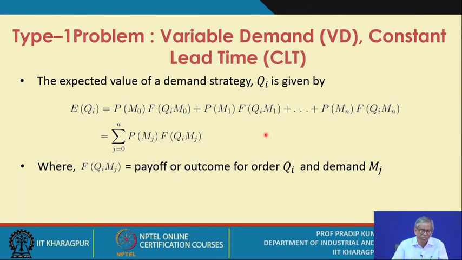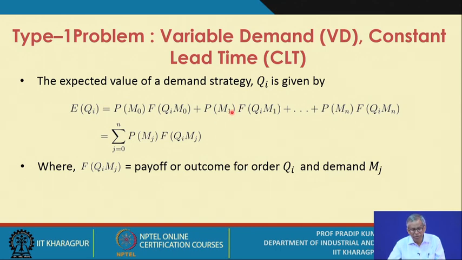There could be a few variations of this problem, but later on we will discuss those variations. Now the expected value of a demand strategy Qi, or expected payoff with order quantity Qi, is given by: this is the probability that the demand will be M0, and then the payoff with the combination Qi M0.